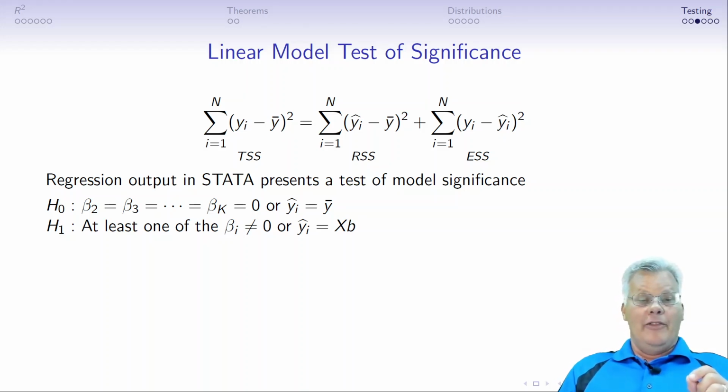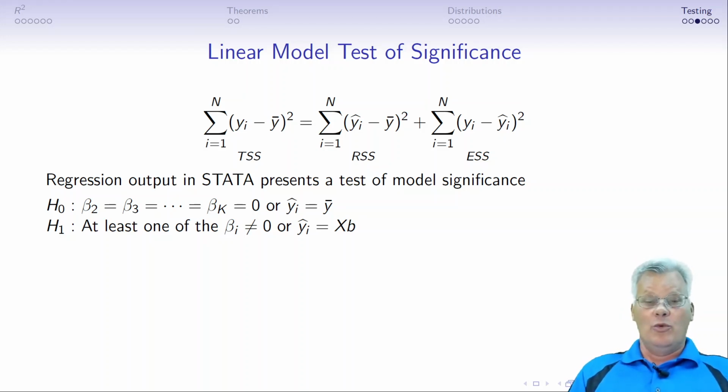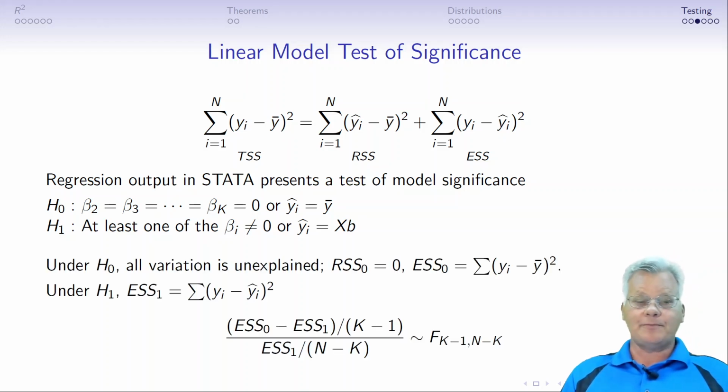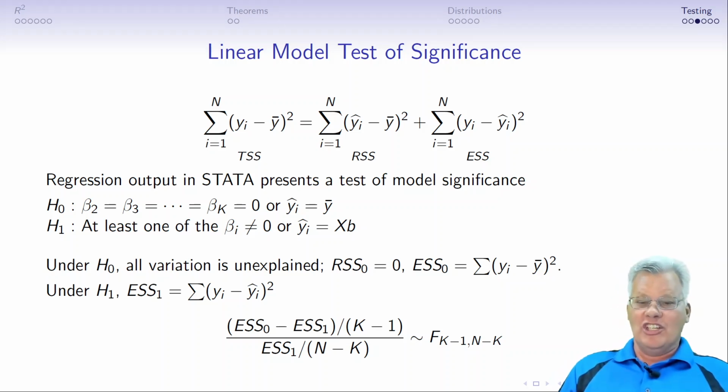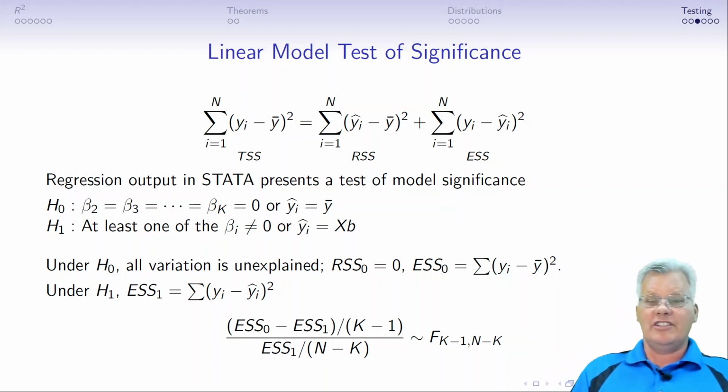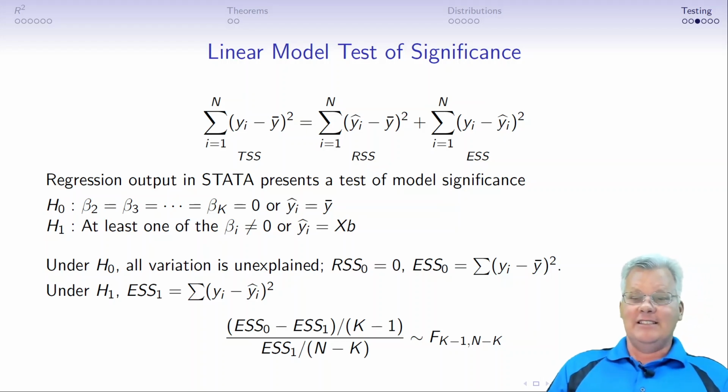So that's the null hypothesis against an alternate that at least one of these betas is non-zero. In other words, we do have a meaningful regression equation. So under the null hypothesis, all variation is unexplained. The regression sum of squares is 0, and the entire variation of y is pushed into the error.